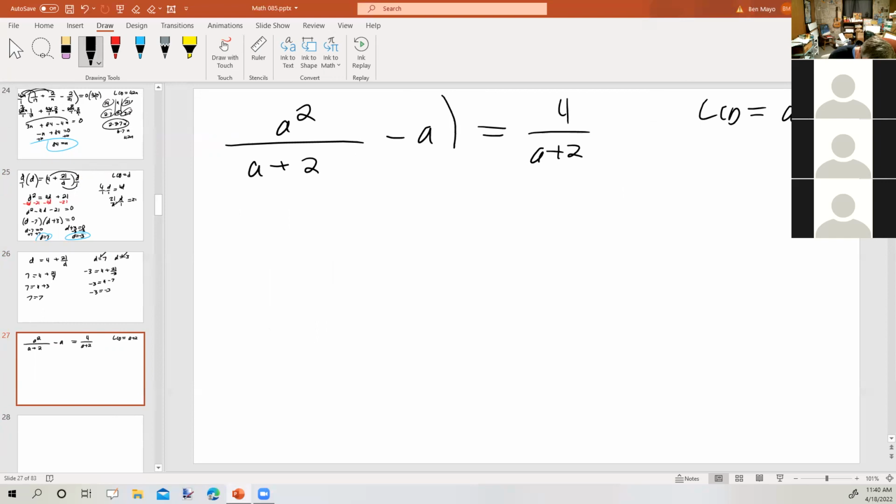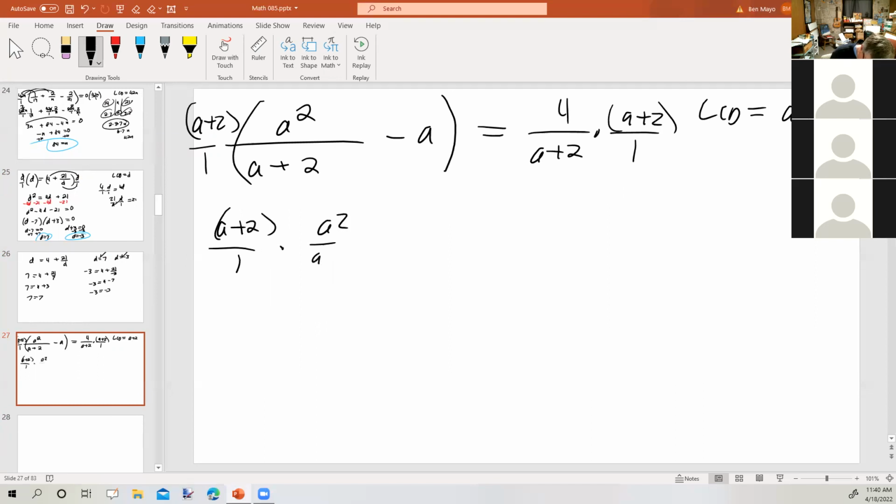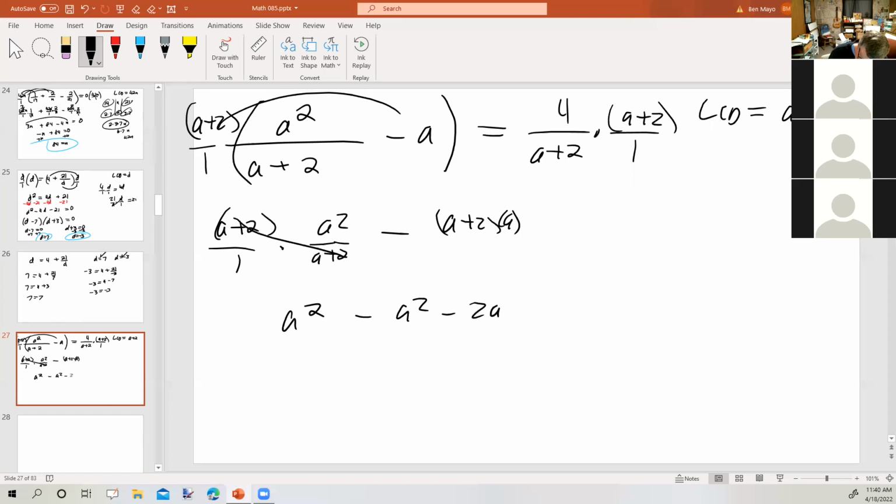All right, so we're going to multiply both sides by a plus 2. On the left side, I've got a plus 2 times a squared over a plus 2, which is going to be a squared, and then minus a plus 2 times a, which would be minus a squared minus 2a. Okay.